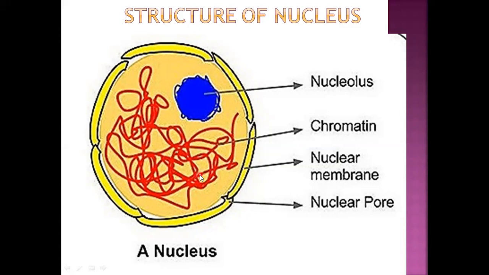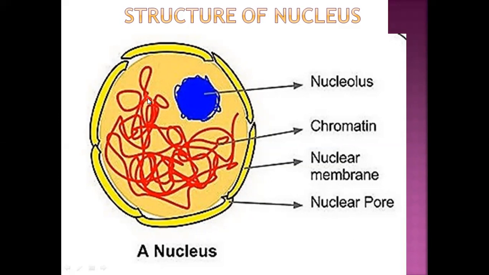Each species has a specific number of chromosomes. For example, we human beings have 46 chromosomes and they occur in pairs, so we have 23 pairs of chromosomes.